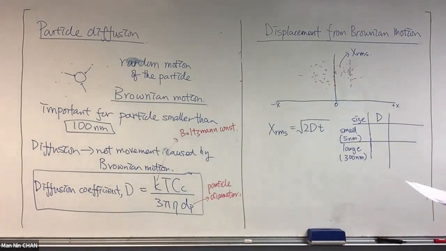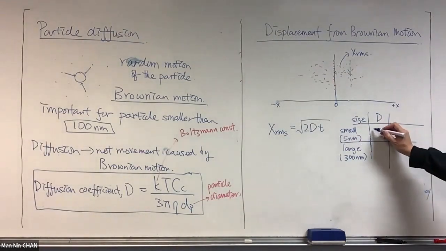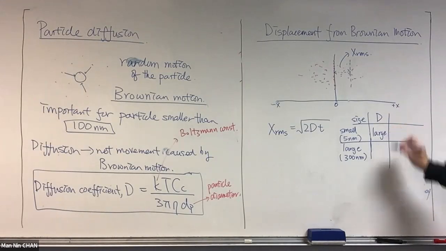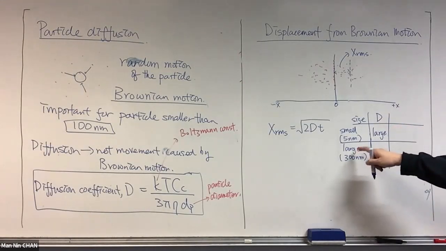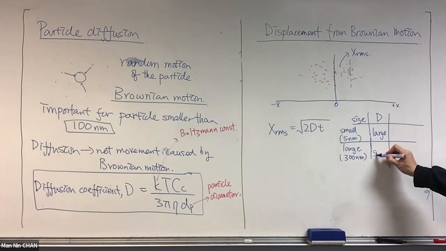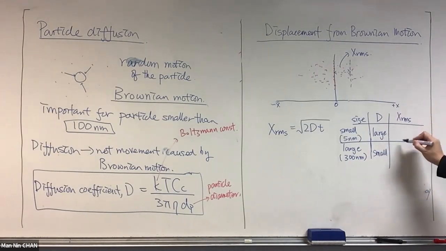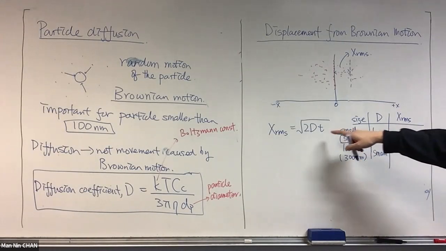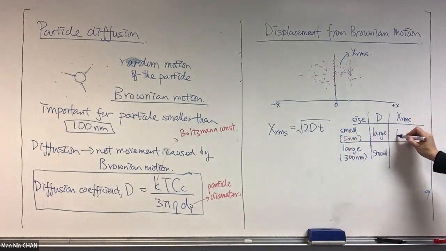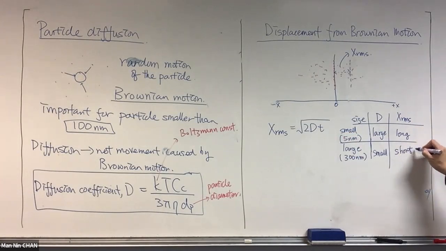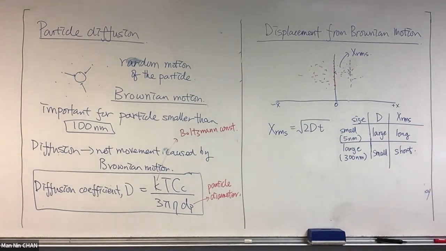But the idea is if you have a smaller size, you have a large diffusion coefficient. For a large particle, you have a small diffusion coefficient. And then eventually, if you look at the displacement equation, that will be long for the small particle, and short for the large one. So this is just qualitative.